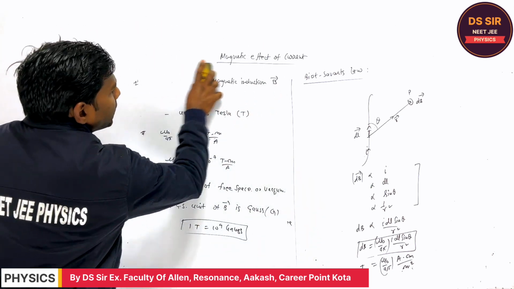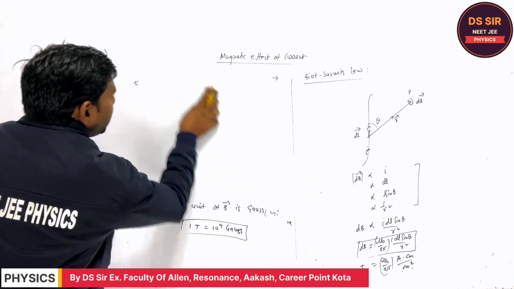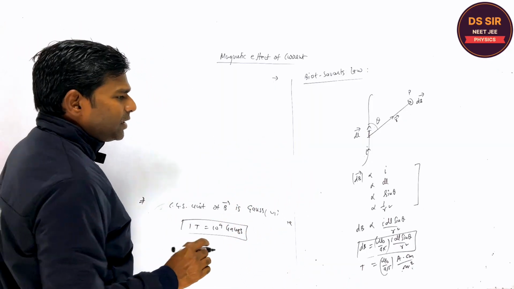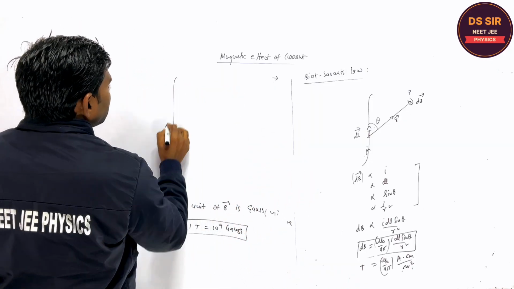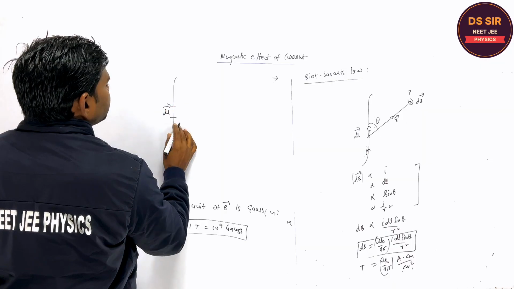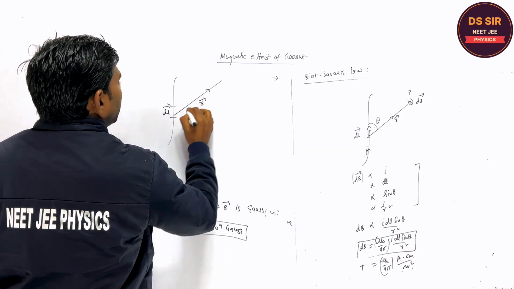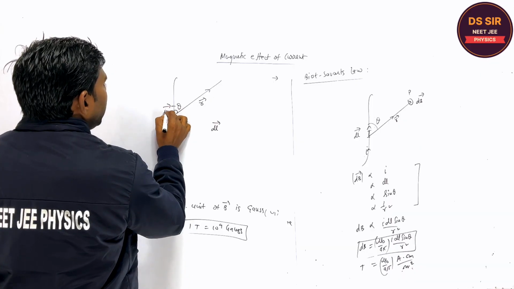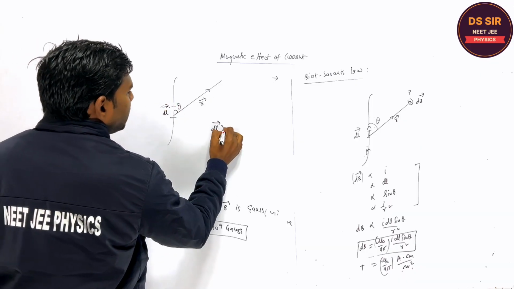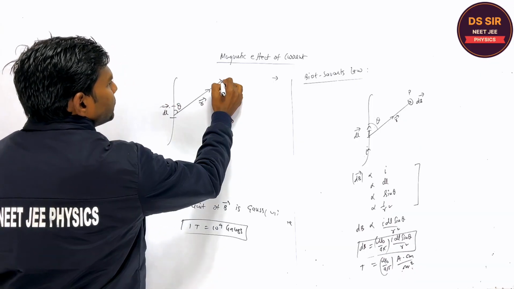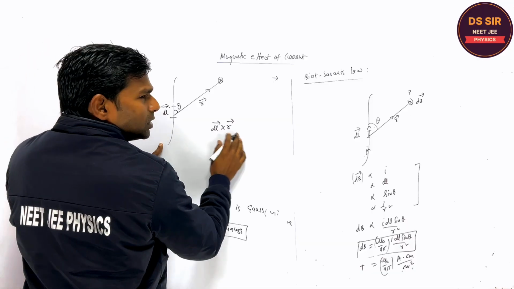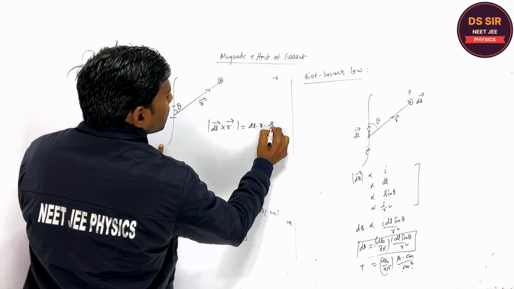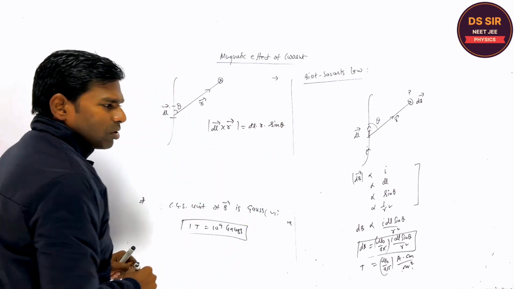Listen, one more thing. It may be written in the form of a vector, right? Since it is a vector quantity, if you consider this is the dl vector and this is the r vector and this is the theta. So the dl vector, the element length vector, cross r vector, right? So what is dl cross r? Magnitude dl into r into sine theta. Is it clear or not?